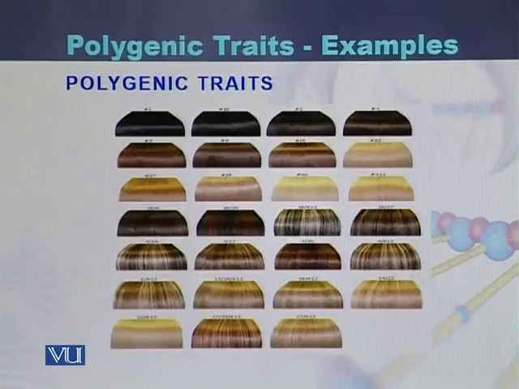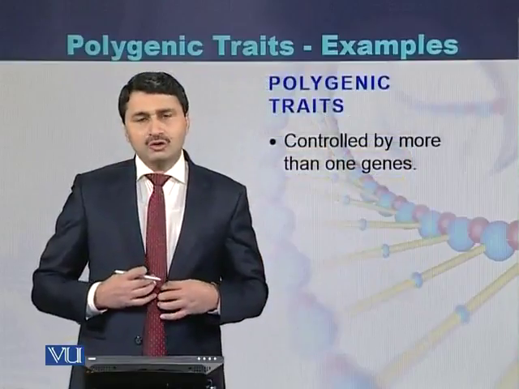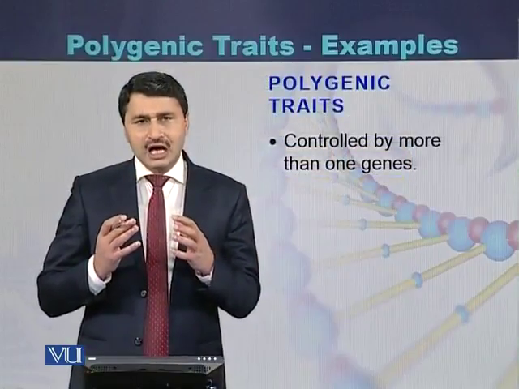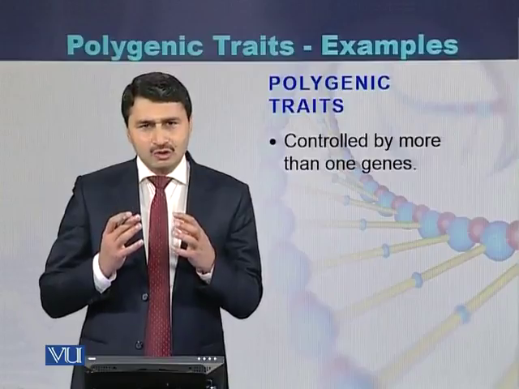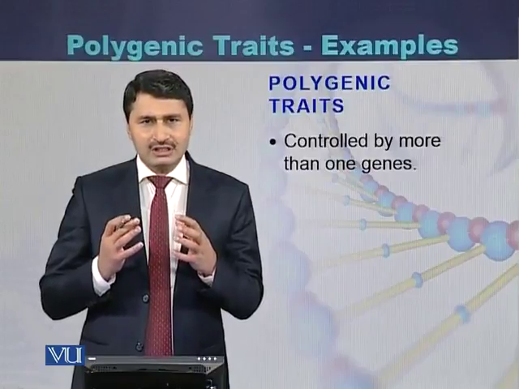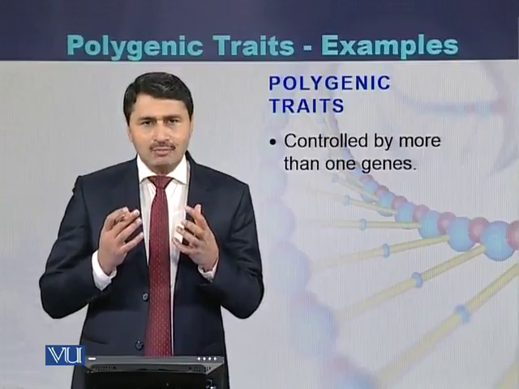These are different hair colors or different shades in humans which are due to the 4 genes present on different chromosomes. So we can conclude that polygenic traits are those traits which are controlled by more than one gene. Genes can be 2 or more than 2.